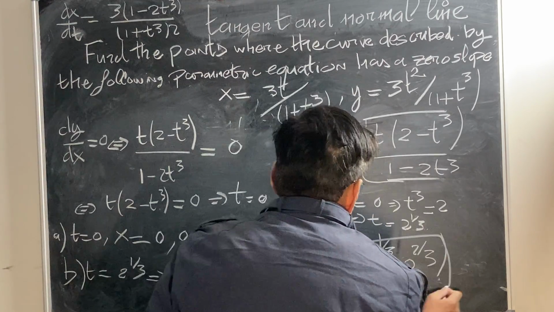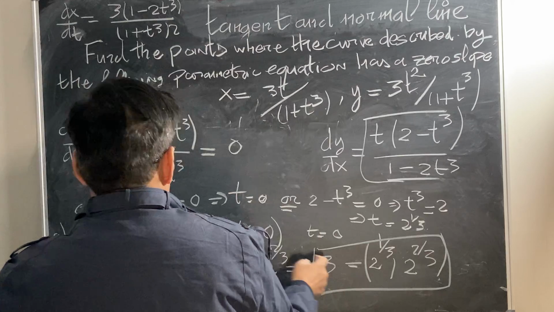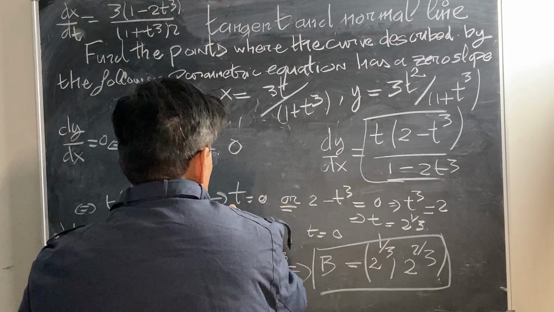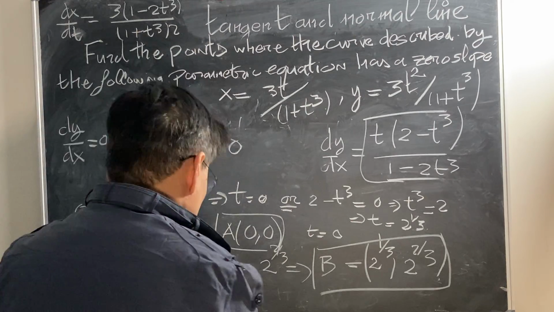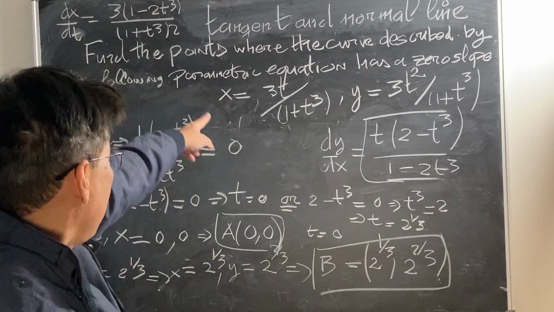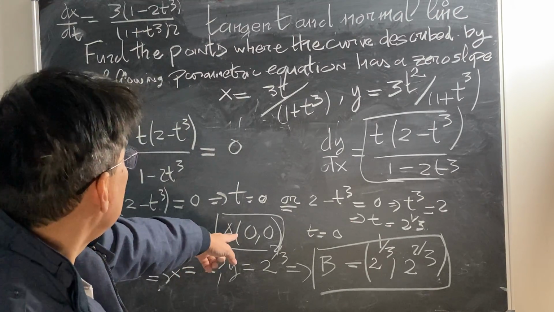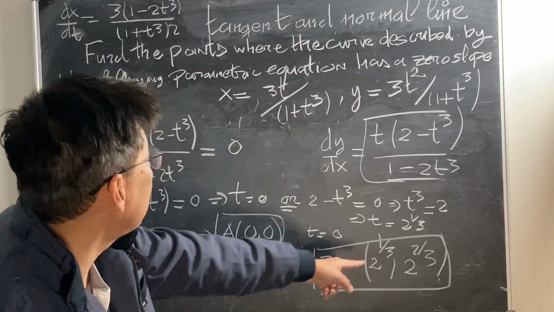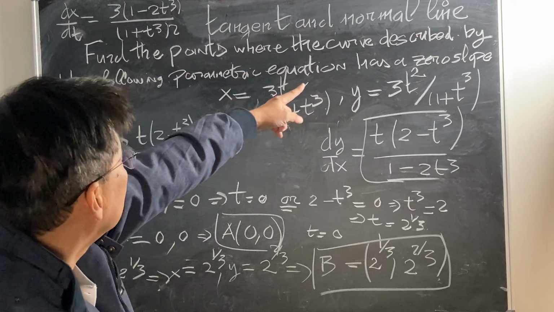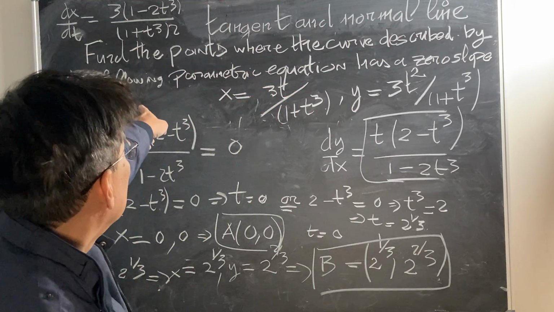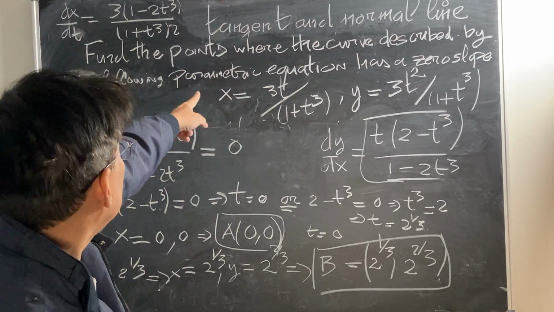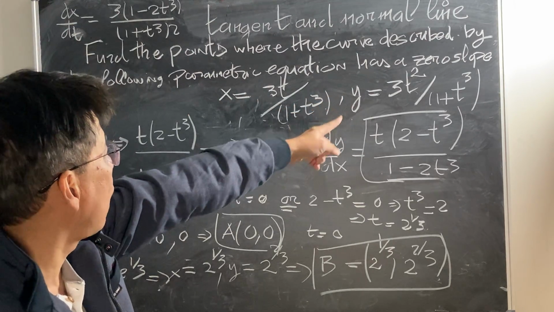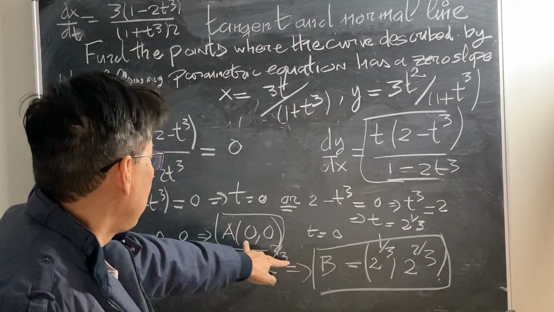Okay, so that's the answer, this point and then this point. At point A (0, 0) and at point B (2 to the 1/3, 2 to the 2/3), the curve of this parametric equation will have 0 slope. So we have 2 points.